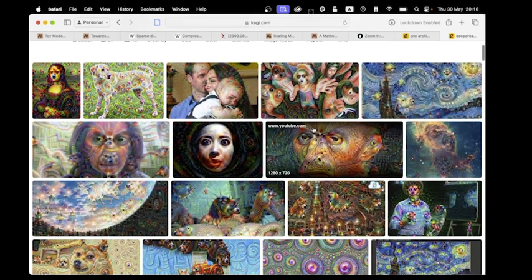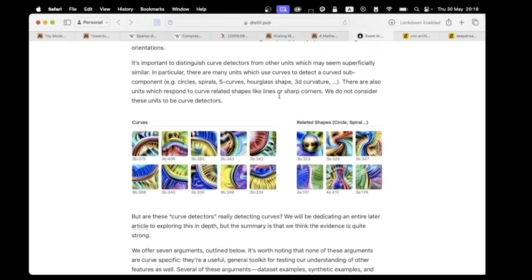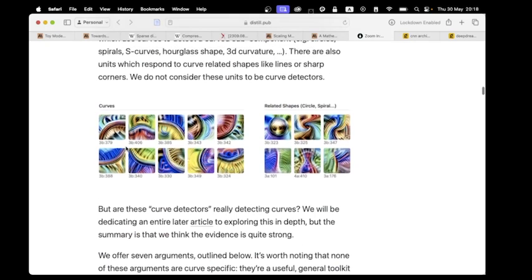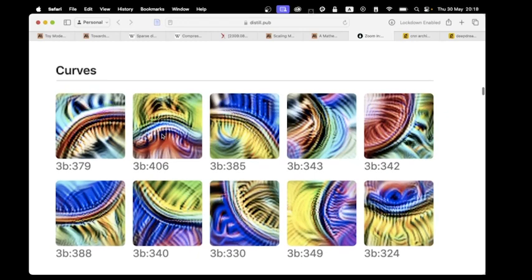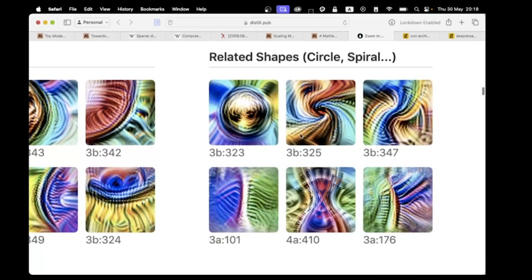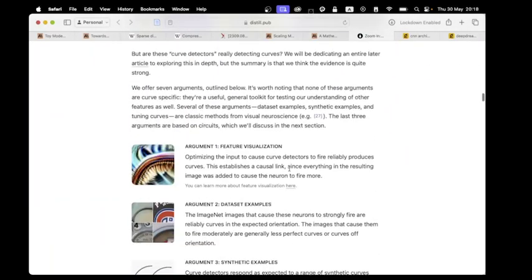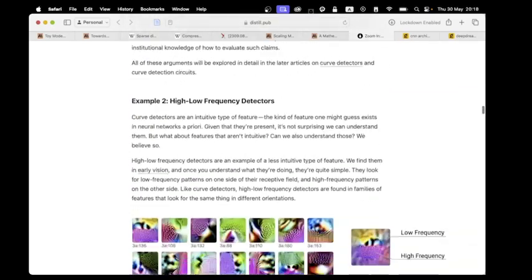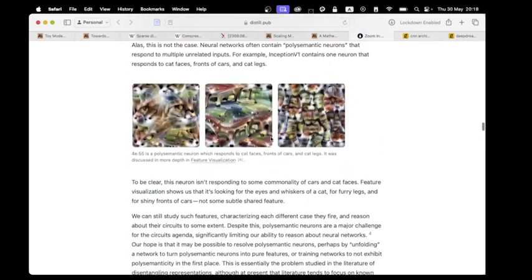And if you try to apply a computer science mindset to whatever is going on here, then you get this circuits paper. The authors say that if we try to figure out what's going on here, we see that we have curves, circles, spirals.